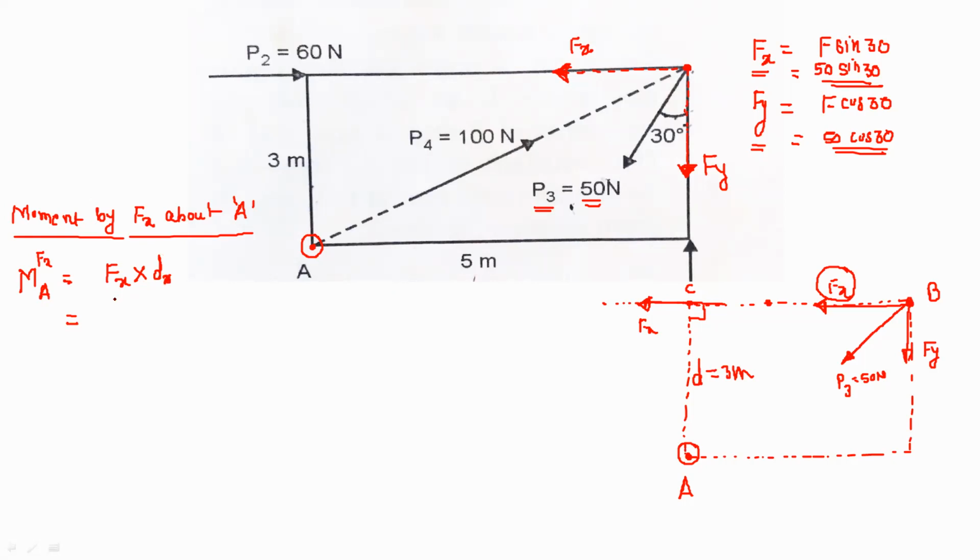Just take this as d. So Fx value is 50 sine 30. Do not consider the direction of force. This is one important point. So 50 sine 30 into the dx value or d value, which is equal to 3 meter.